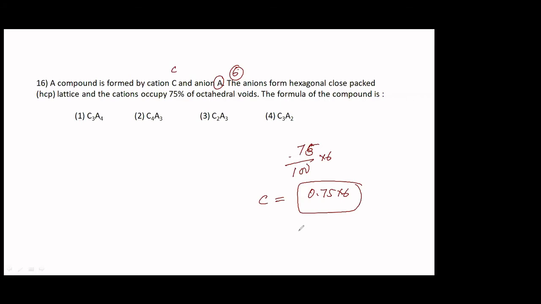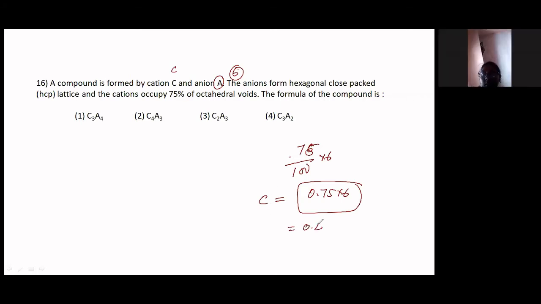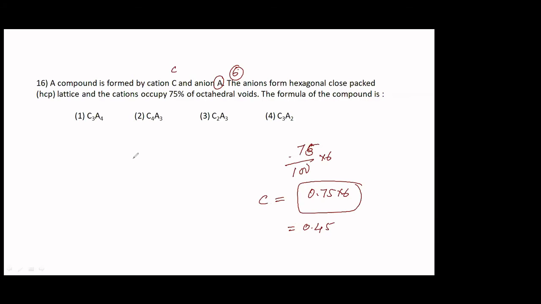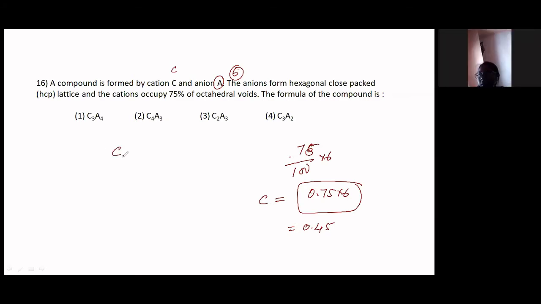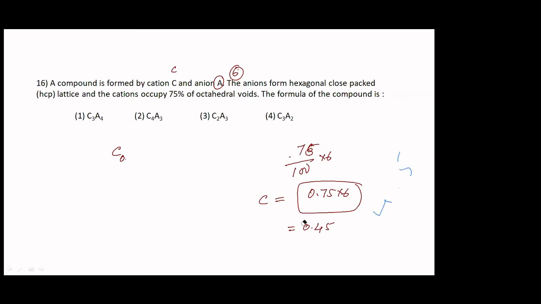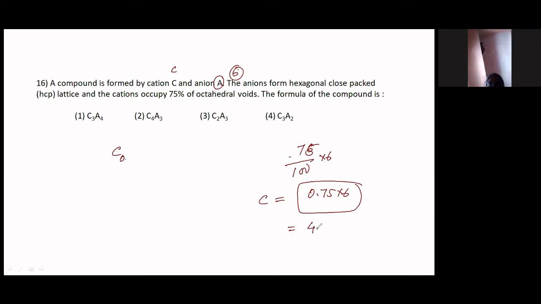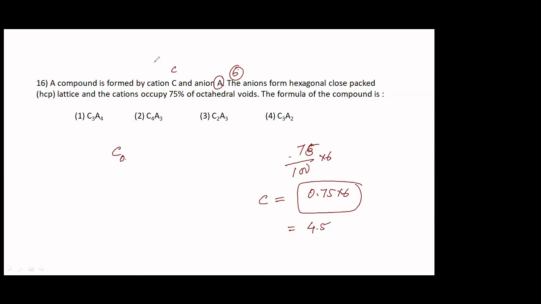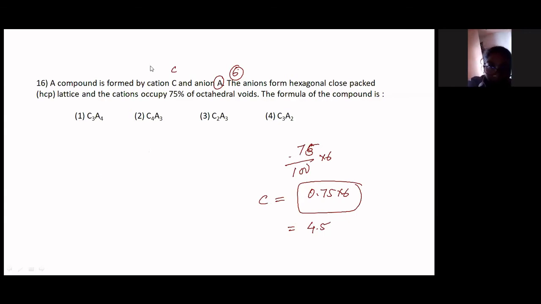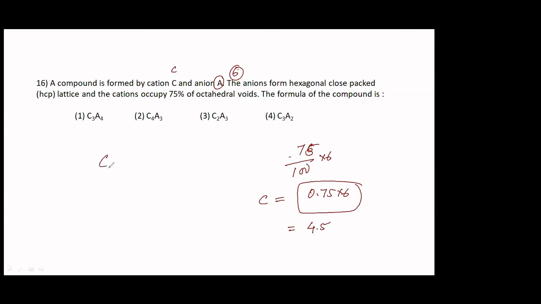So this comes out as 4.5. Not 0.45, 4.5, that's correct. So C 4.5, and then A you have 6.